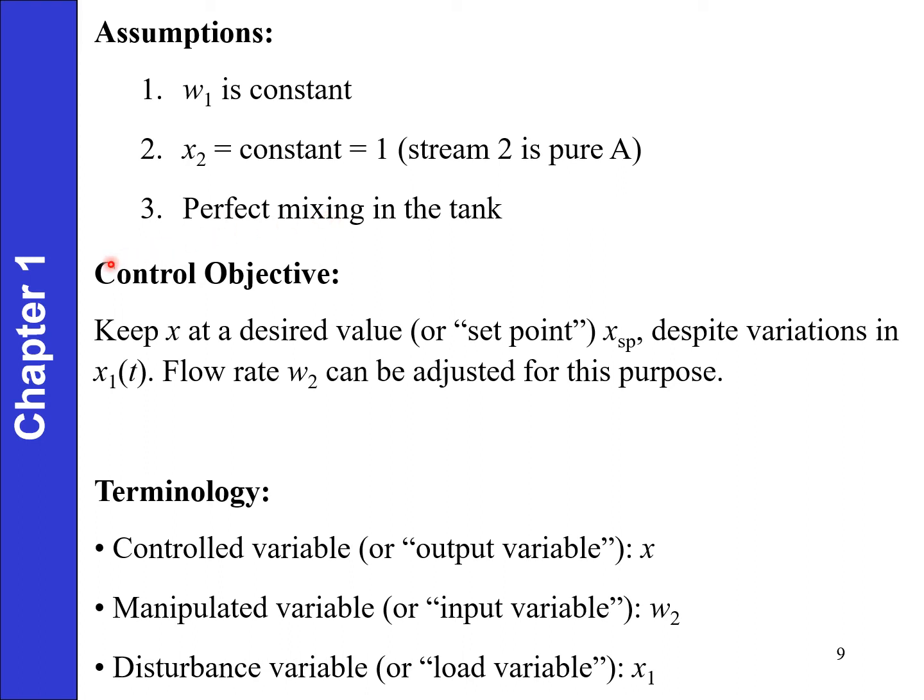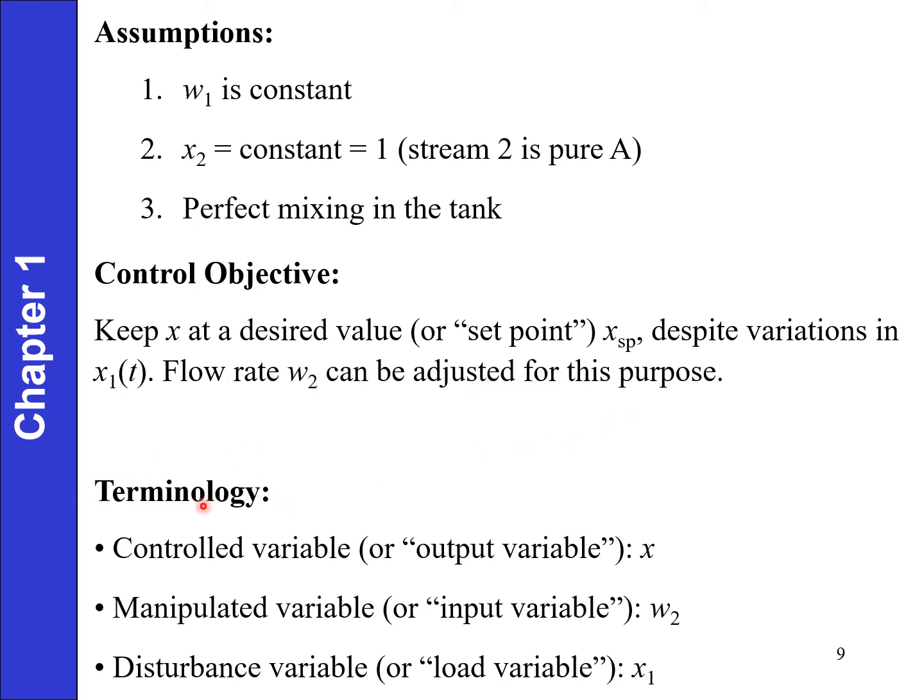Our control objective in this system is to keep X at a desired value, or what we call the set point. The notation that we are going to use is XSP, despite variations in X1, so flow rate W2 can be adjusted for this purpose.